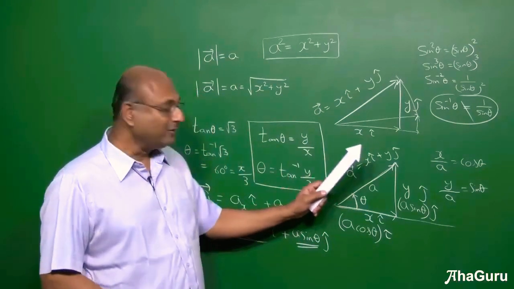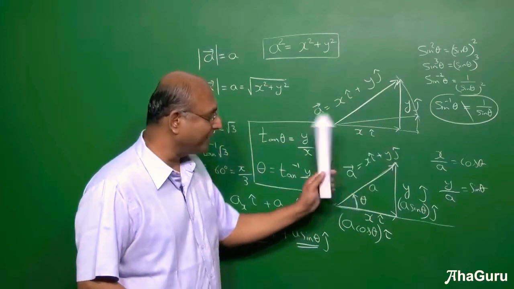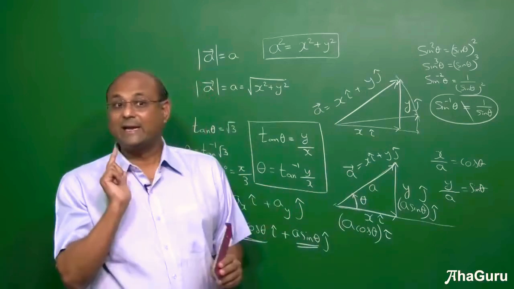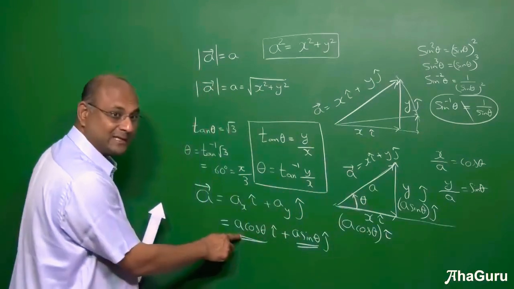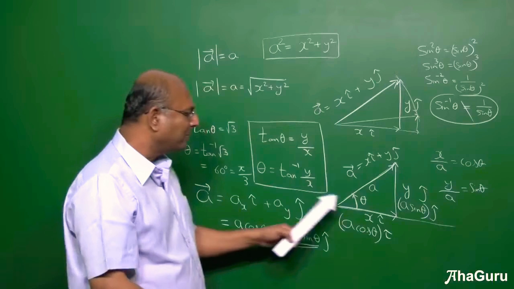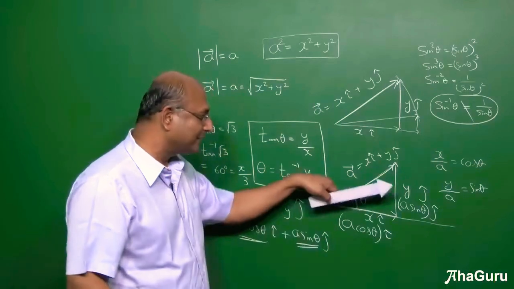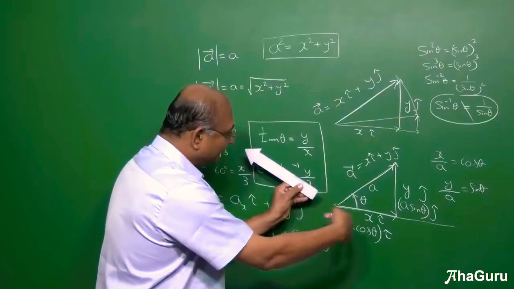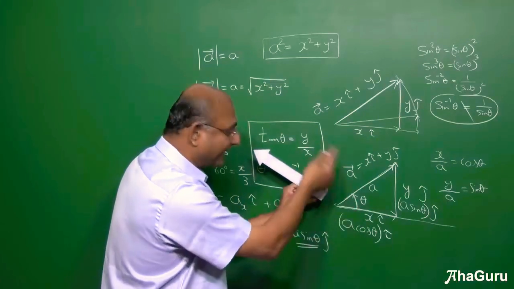Now I have given you a vector which is pointing in this direction, right? Now if the vector points like that, its x component will be negative. It is possible that this fellow was negative. You may be wondering, how can cos theta be negative? But you will learn that soon, because once the angle becomes more than 90, cos theta is pointing in this direction. Basically this is the angle.